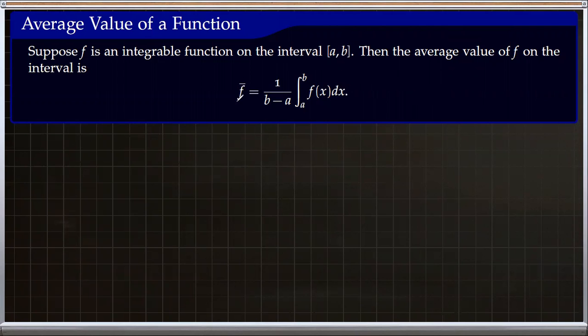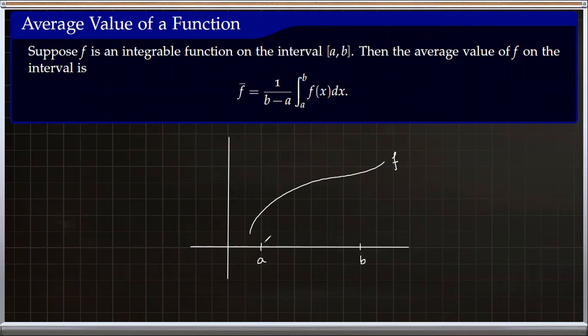So basically, if we have a function f like this one here, if we have the graph of function f given like this, and if we are looking at the interval of x values from a to b, so f of a would be over here and f of b would be somewhere over here.